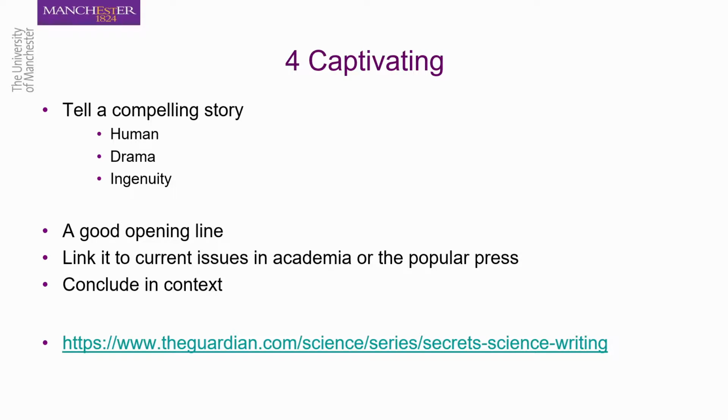And to help you learn more about how to improve your scientific writing, there is a series published by The Guardian on secrets of science writing, a collection of articles in which various science writers talk about how they produce their scientific writing. So you might want to check it out.